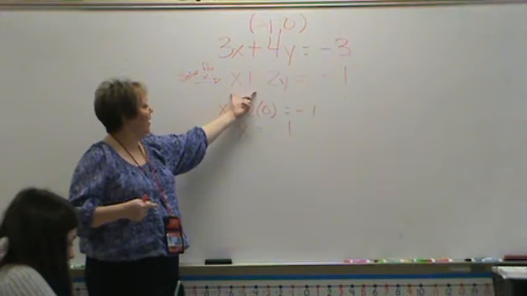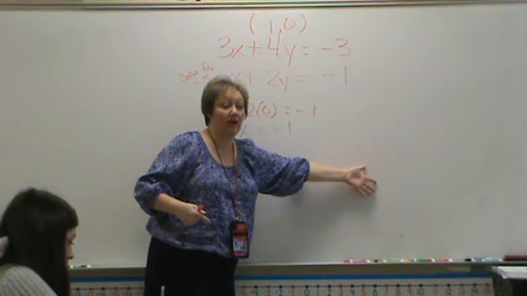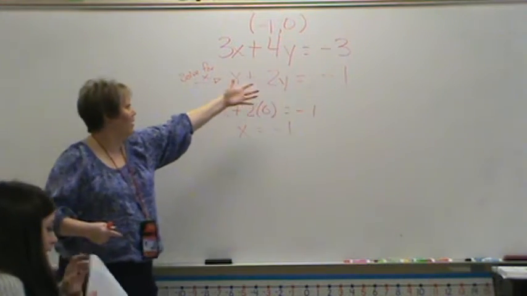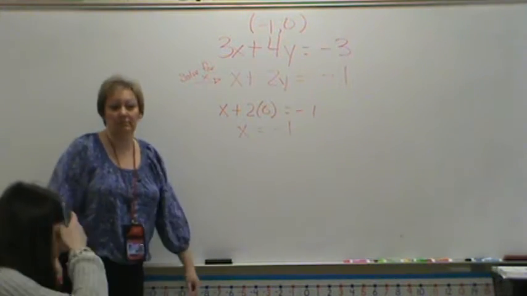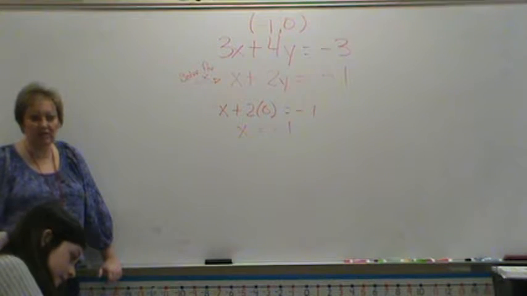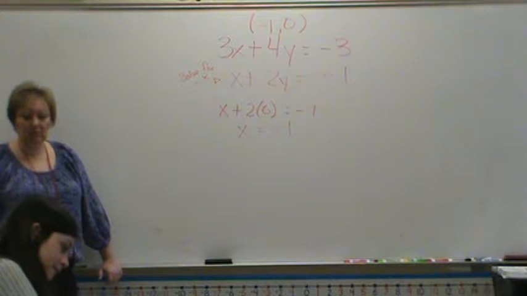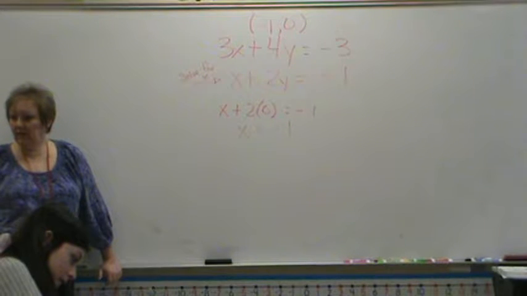So once I get one of the variables solved, I'm going to go with the easiest looking equation. If I were going to solve a literal equation, I'd go with the one that looked the easiest. Does that make sense? Any other questions?